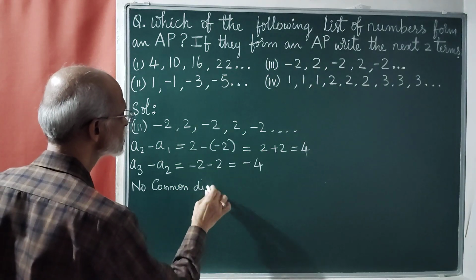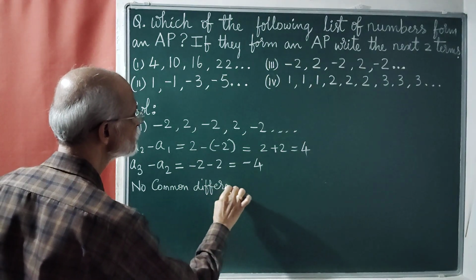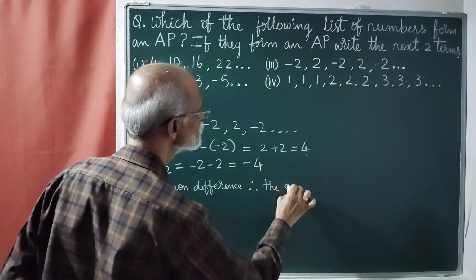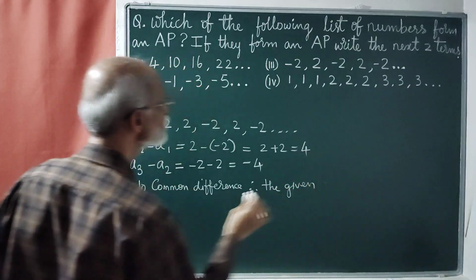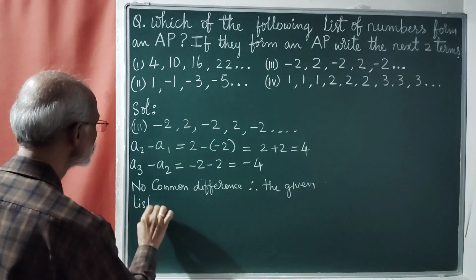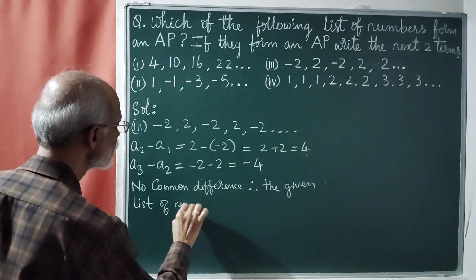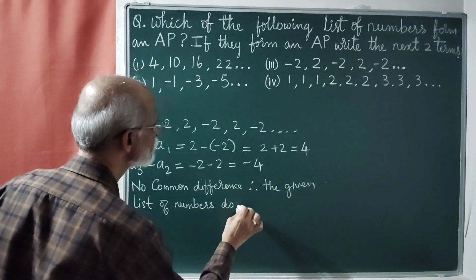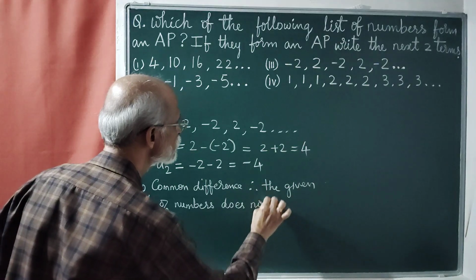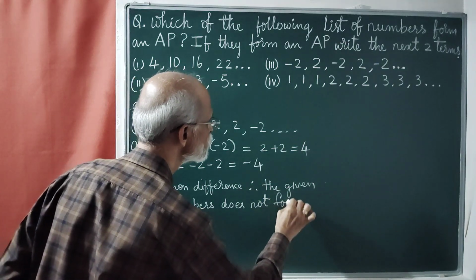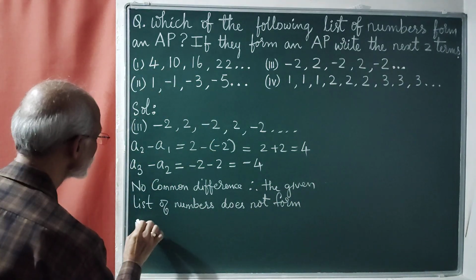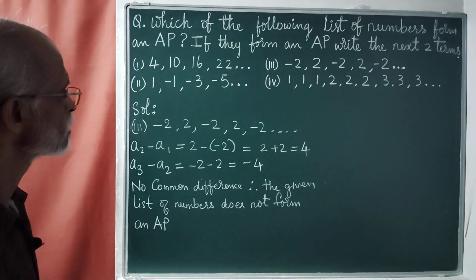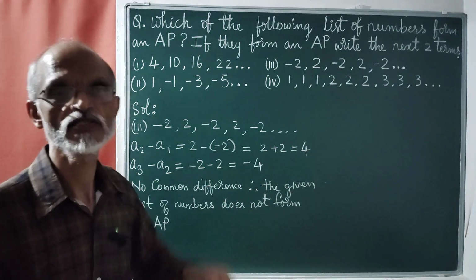Therefore, the given list of numbers does not form an AP, because there is no common difference.